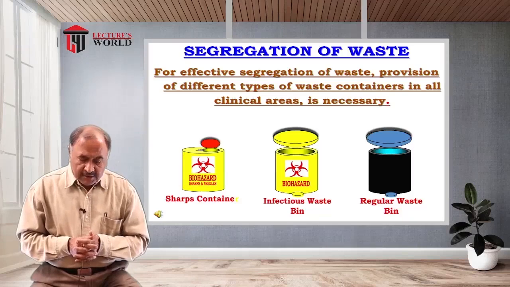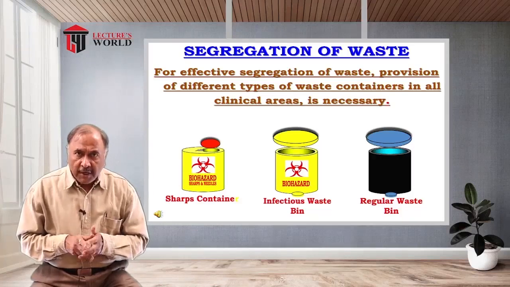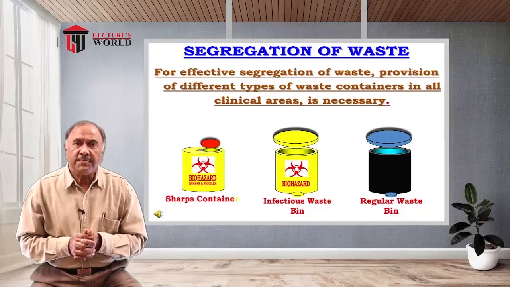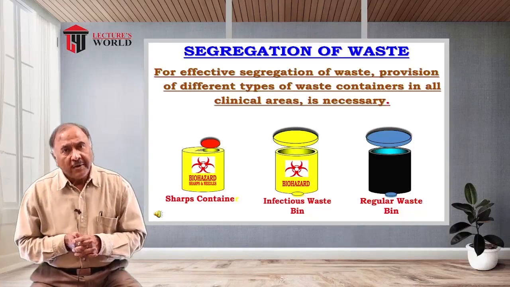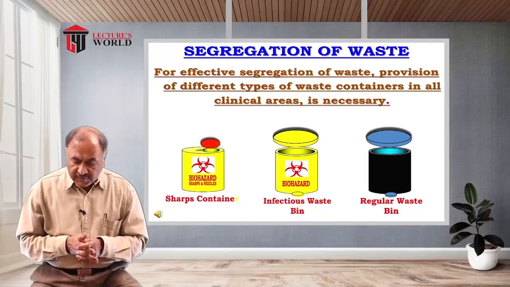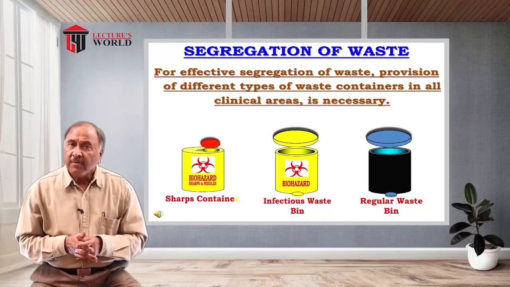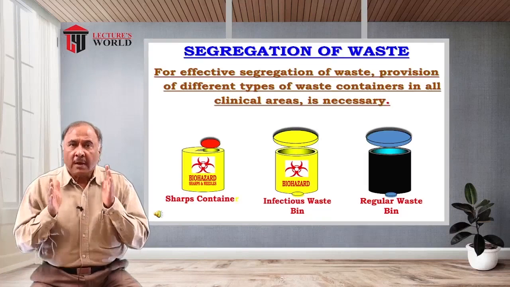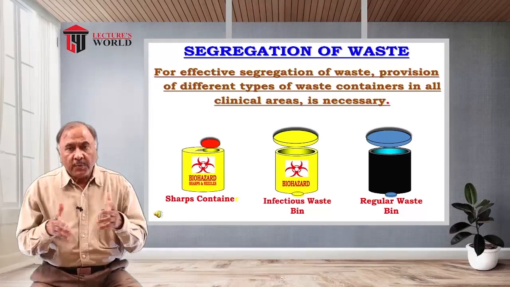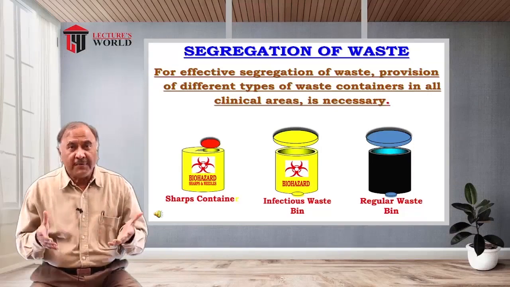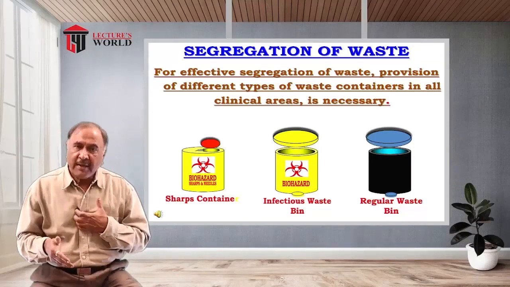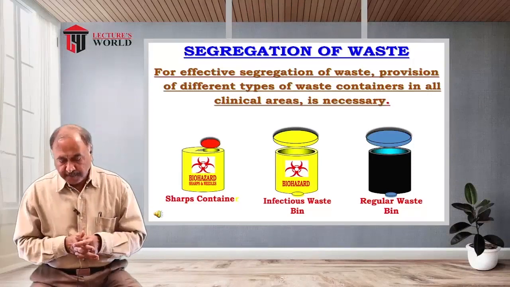For example, sharp containers where you can put needles and other sharp materials which have been used for inspection or treatment of the patient. Second one is the infectious waste bin, which would have body fluids, tissues, biopsies, or vomit, or urine, or stool passed by a person.